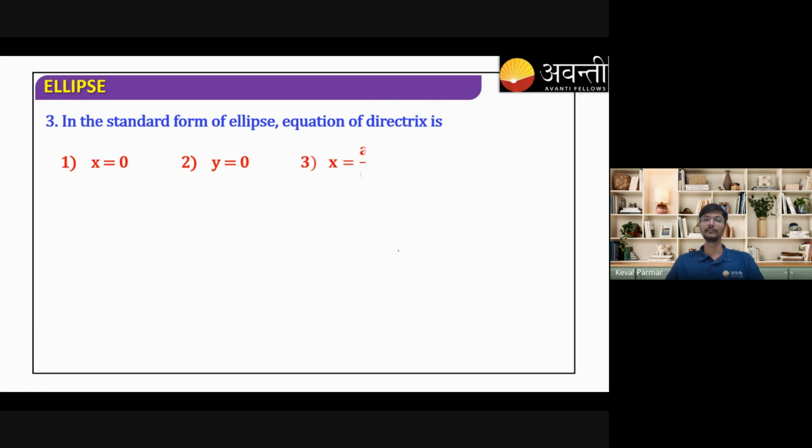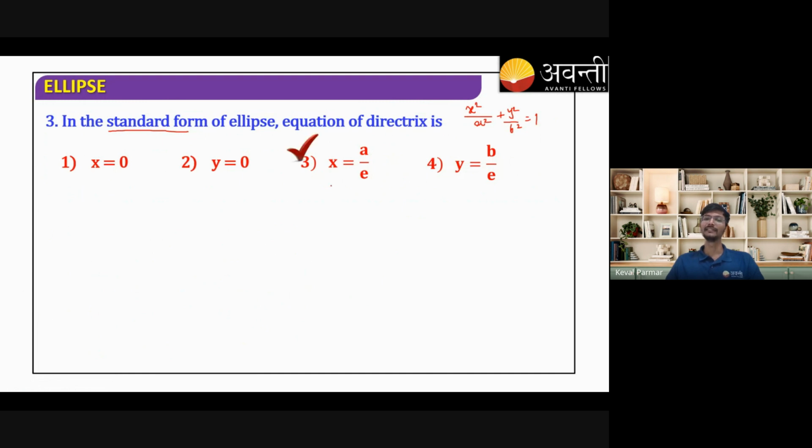Equation of the directrix. This is interesting. Do you remember till now? In the standard form, that means which form? x square upon a square plus y square upon b square equals 1. So what's the answer? Achha, you don't remember?